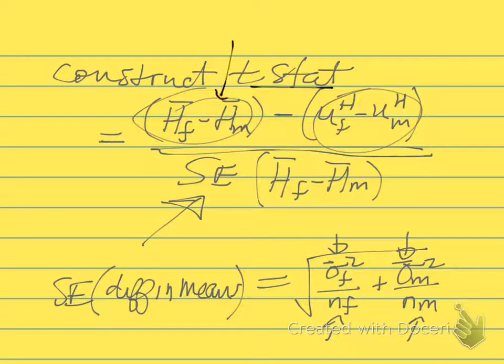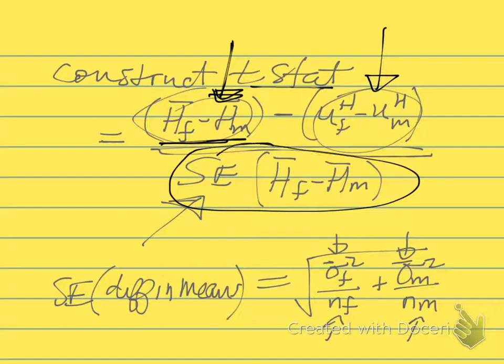We measure our t-statistic as how far away our sample difference in means is from our null hypothesis difference in means. Our null hypothesis is that the means are equal, so the difference in means is 0. We have a sample where we actually calculate a difference in means.